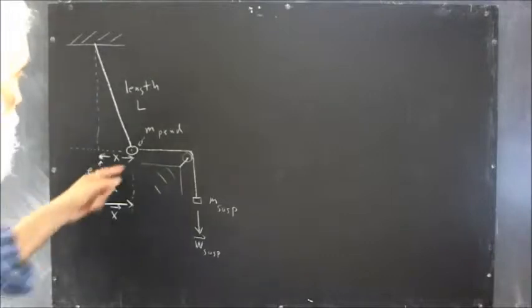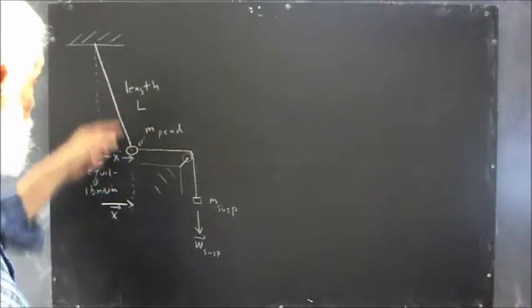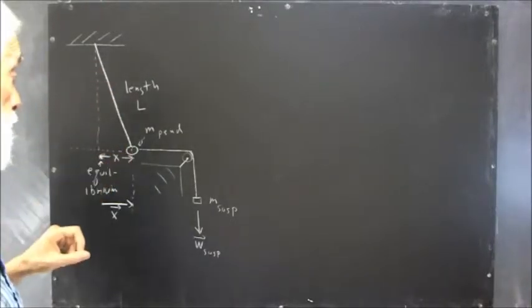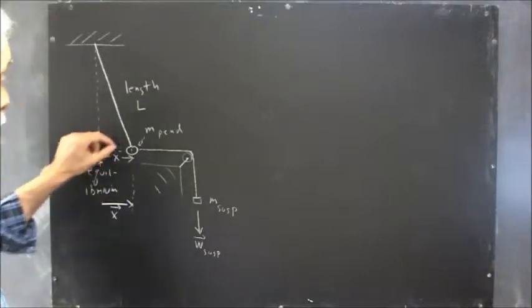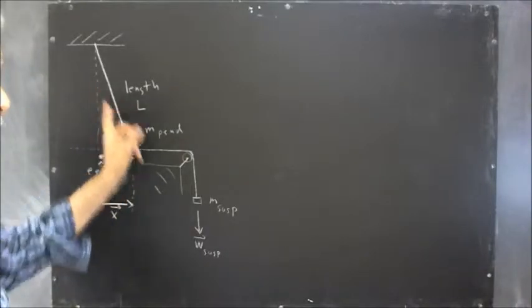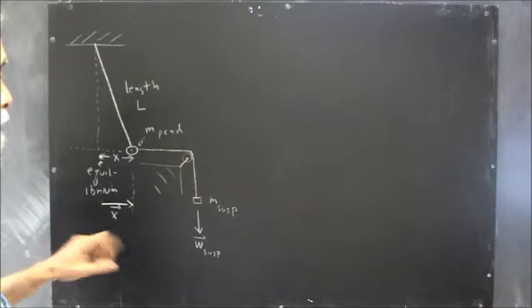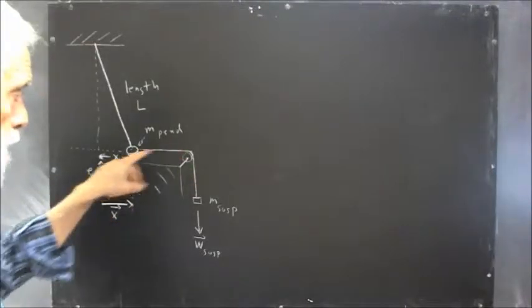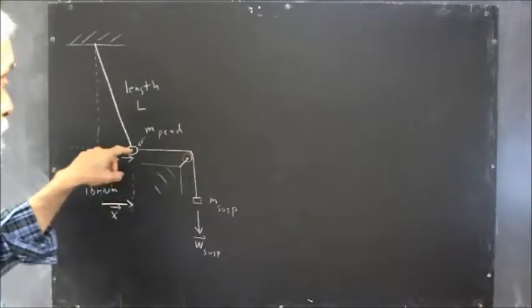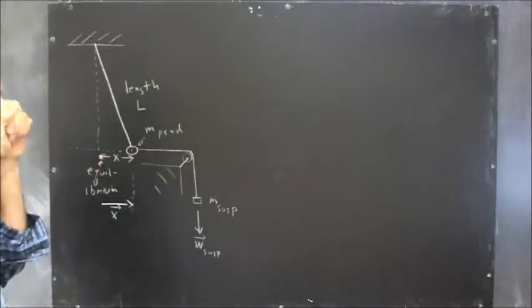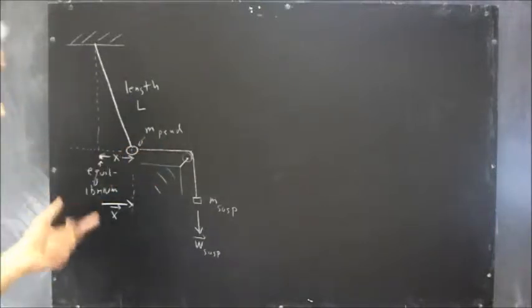This string that's supporting the pendulum has a tension, and that tension acts in the direction of the string. The string that suspends the mass and is attached to the pendulum also has a tension.